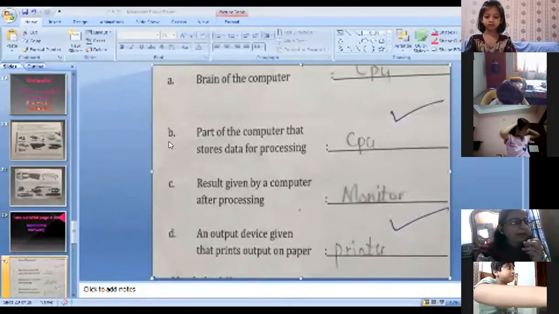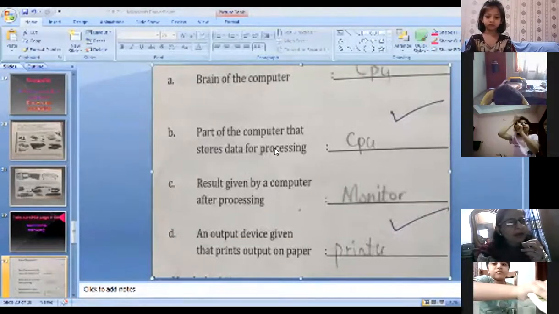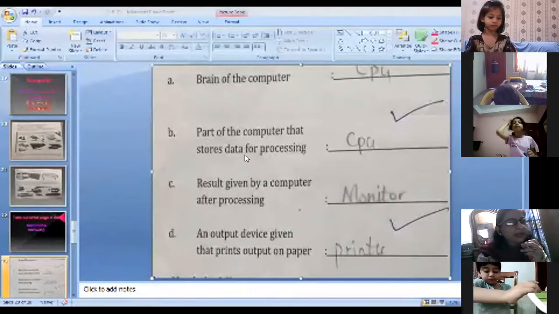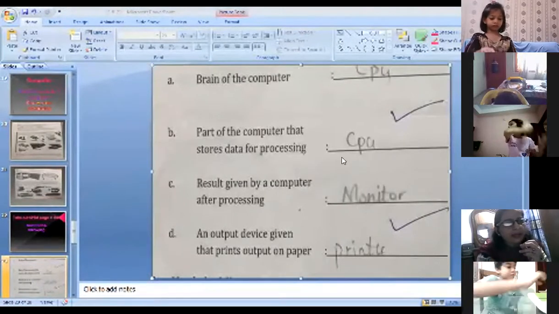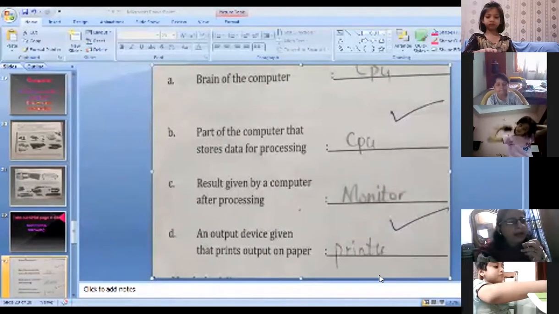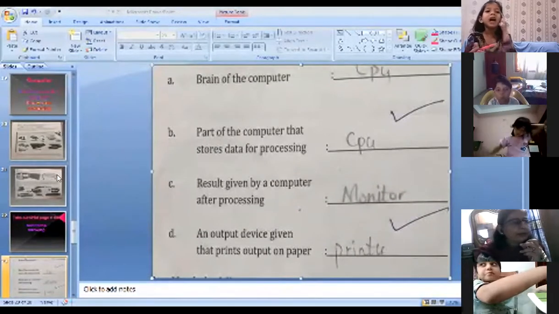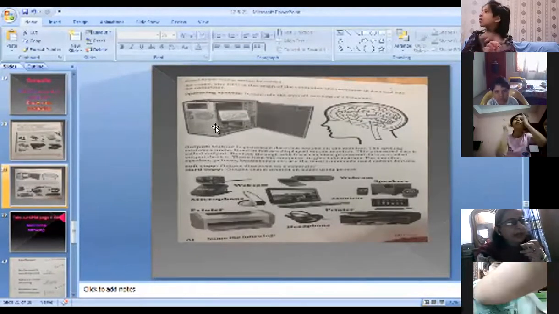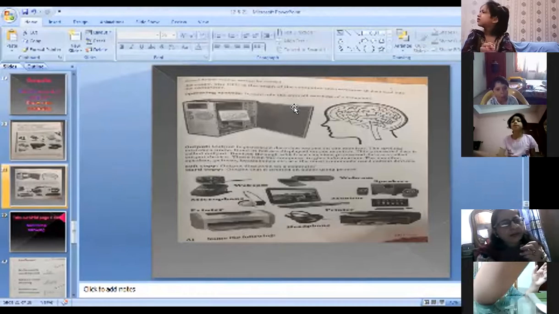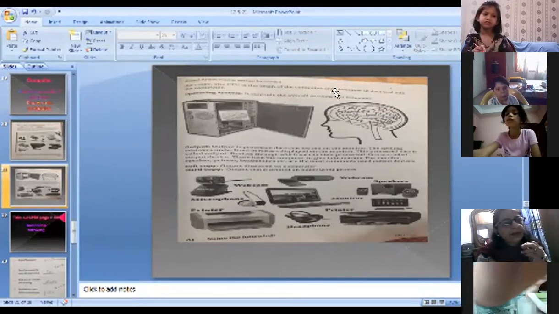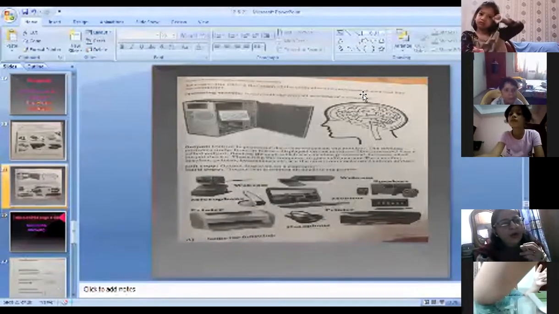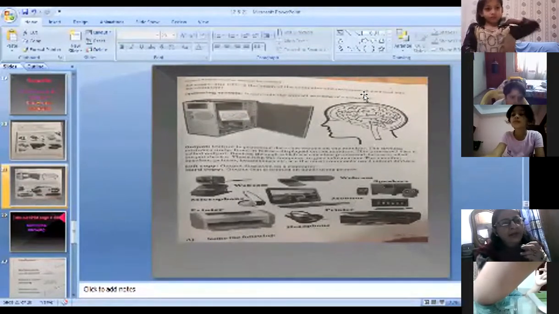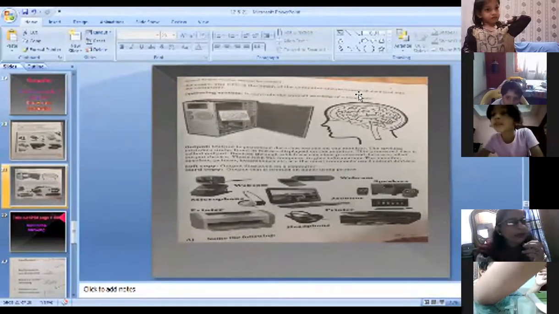Okay. Part B. Part of the computer that stores data for processing. So now look at this page: and processes all data fed into the computer.